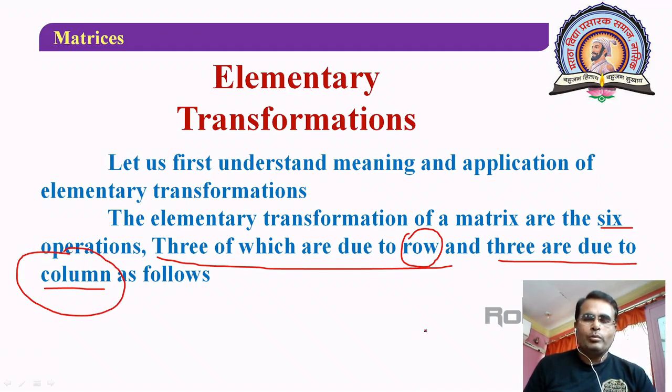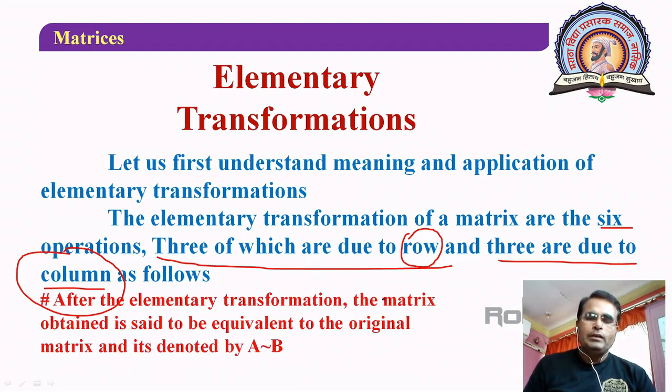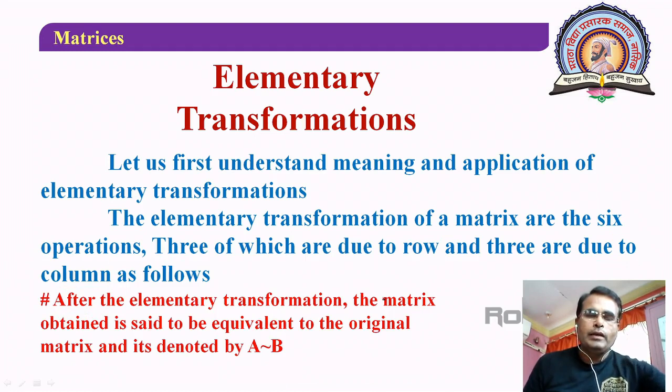Remember that on the given matrix A, if you apply any transformation, then due to that transformation the matrix never remains as it is. It gets changed into some other matrix, and we will observe that this matrix is not equal to the previous original matrix.